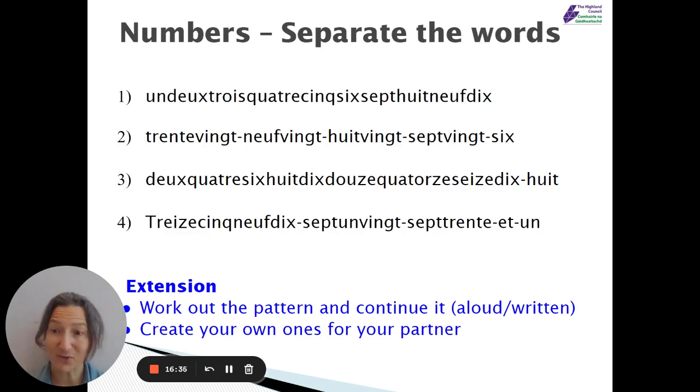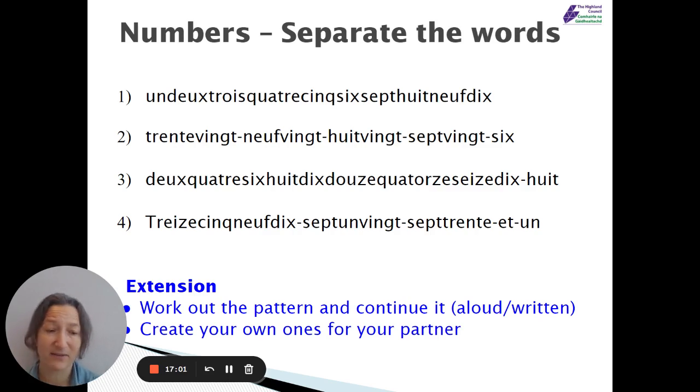We're going up in twos, even numbers, 20 and 22. Number 4, 13, 5, 9, 10, 1, 27, 31. So here we've got odd numbers in any order. So we might have 39, we might have 23.